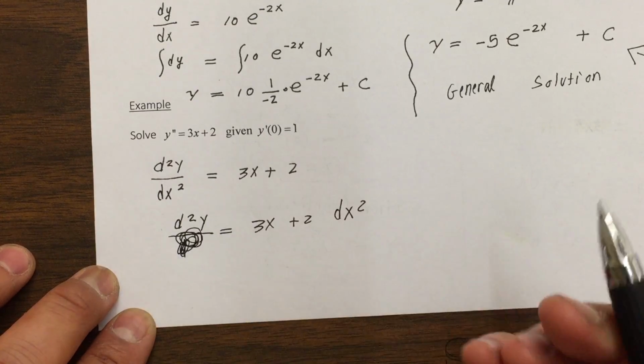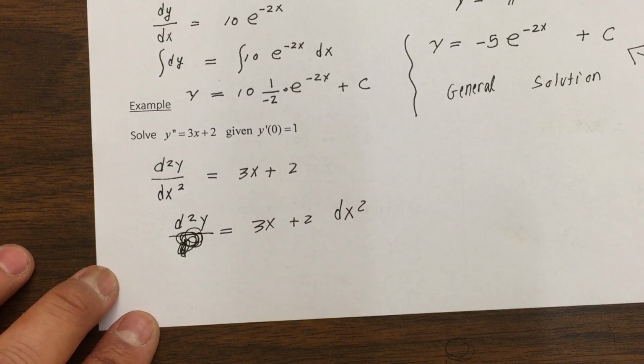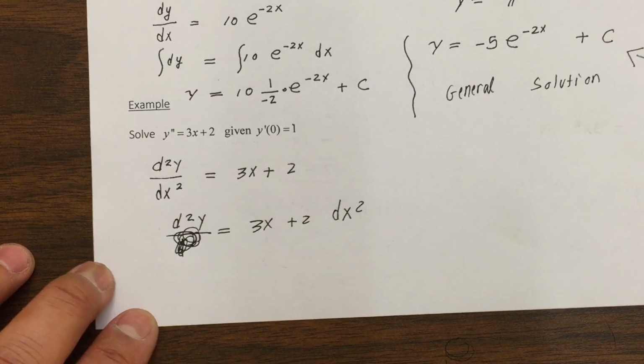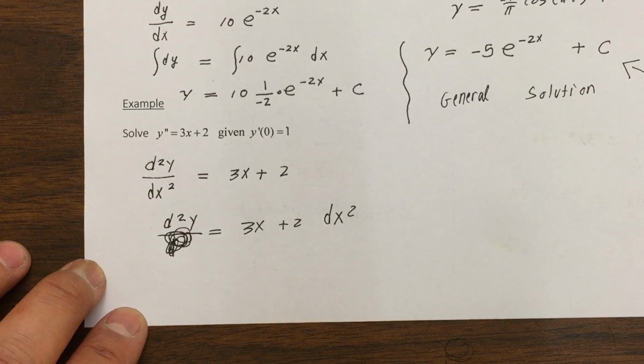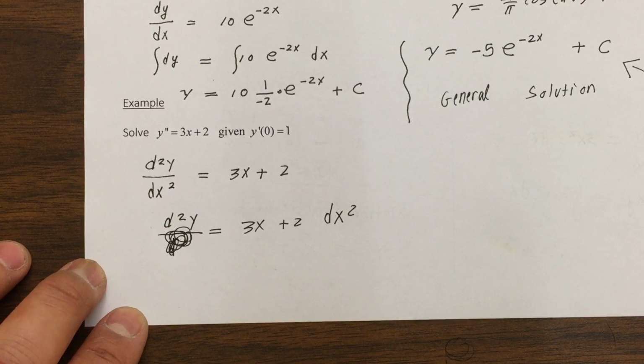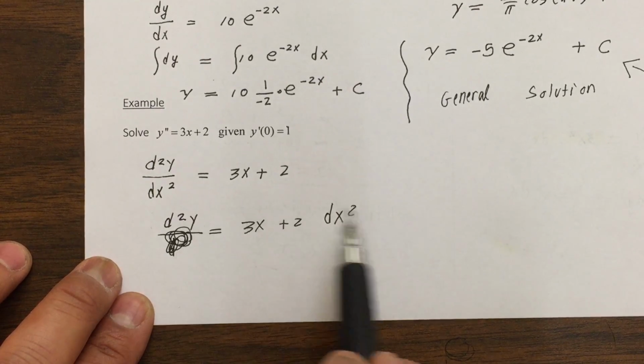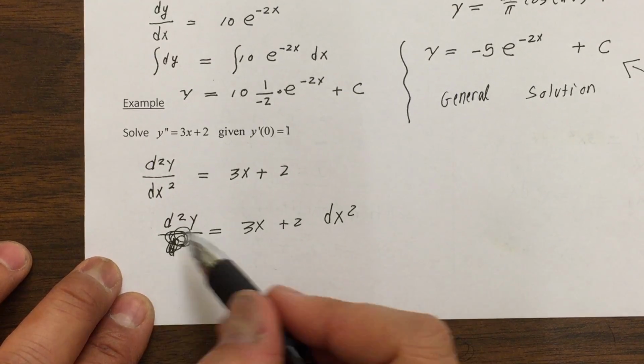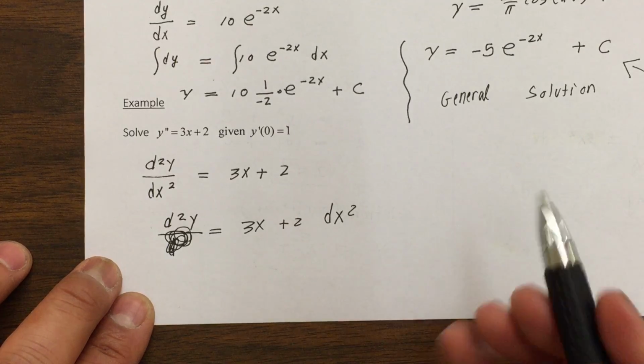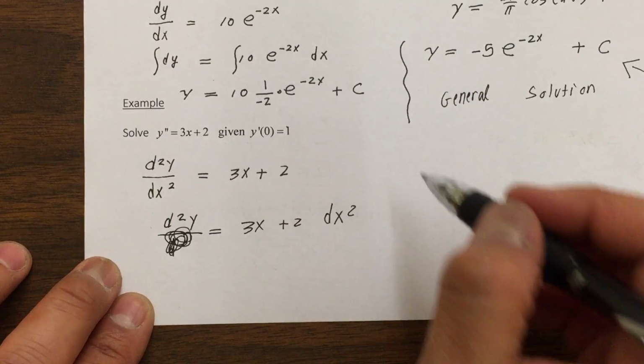Okay. Now when we integrate these, the symbol might look a little weird, but keep in mind that this is the second derivative. So when we integrate this, we actually get the first derivative.